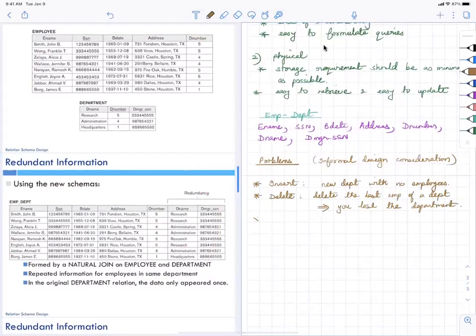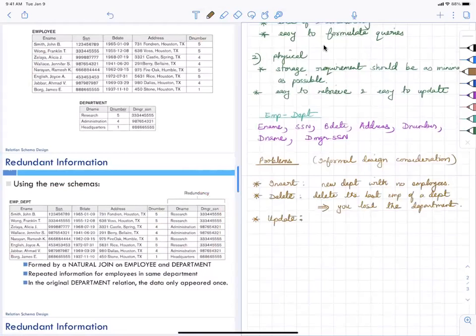And then finally, update anomalies, or update problems. One of the problems with redundancy is, because after all someone's typing in this information, suppose I misspelled the name research. Instead of spelling it correctly, I write it as RESERCH. So now it looks like department number 5 is research with the A, the correct spelling, and another research.